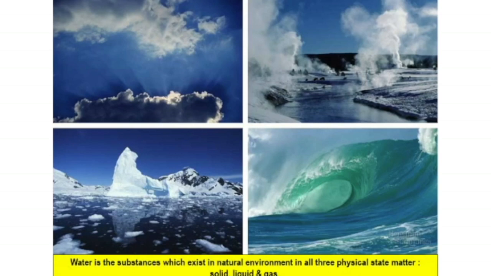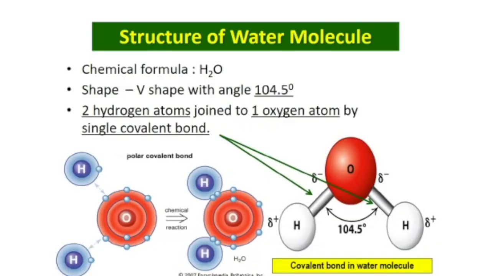There are 3 different physical states of matter, which are solid, liquid, and gas, also known as water vapor. Structure of the water molecule. The chemical formula for a water molecule is H2O, meaning that there are 2 hydrogen atoms and 1 oxygen atom.